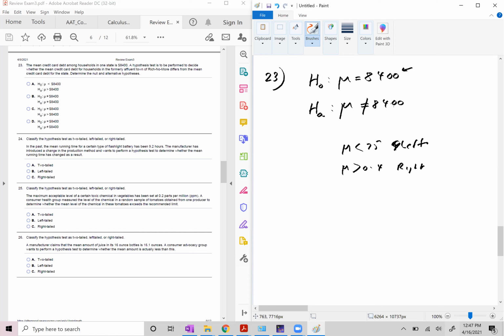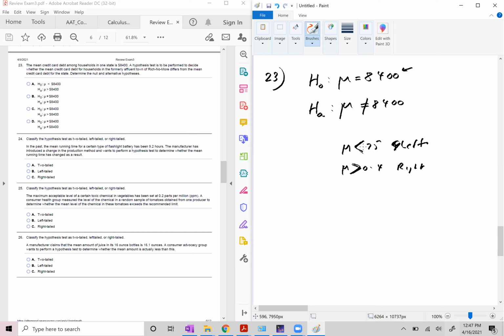That means differing can happen in two ways. We are not testing whether it is greater than some toxic level or less than the amount of vitamin C that a person should get. Here we are testing whether this mean level differs from this amount.